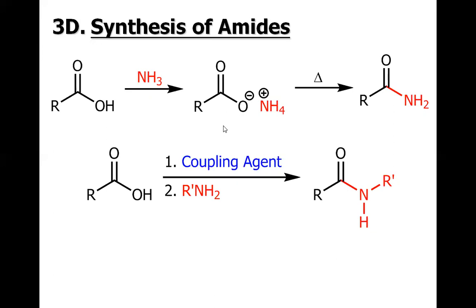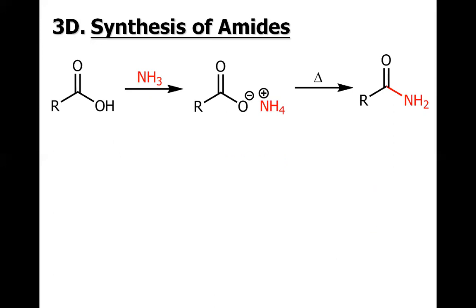But this is not a good reaction, because once this salt is formed, this carbonyl carbon, which is a poor electrophile, becomes even more poorly electrophilic after being deprotonated to the carboxylate salt.